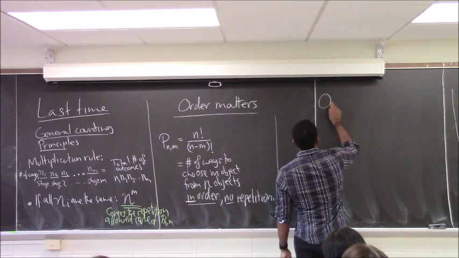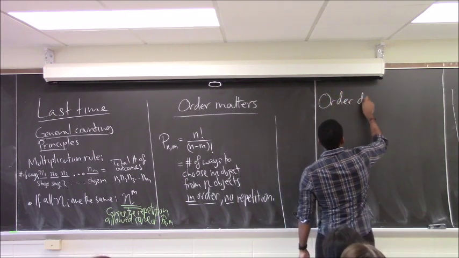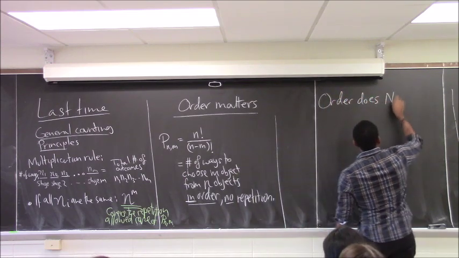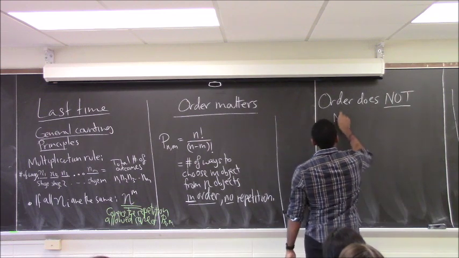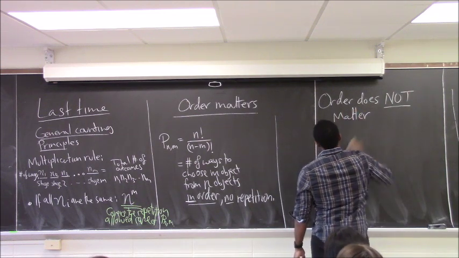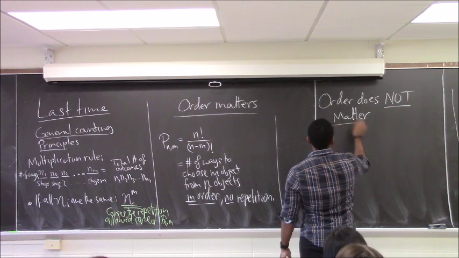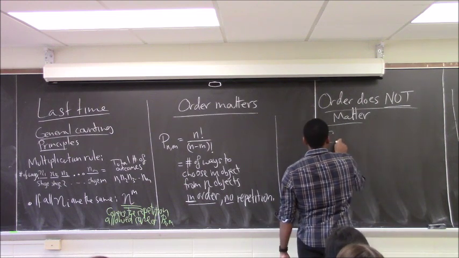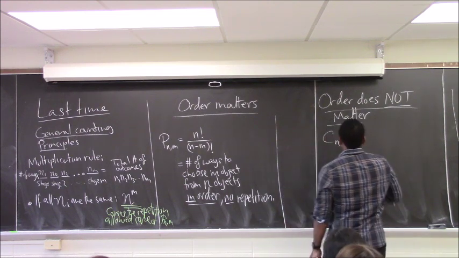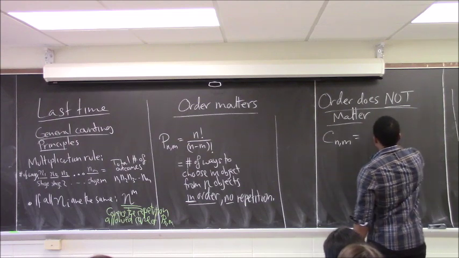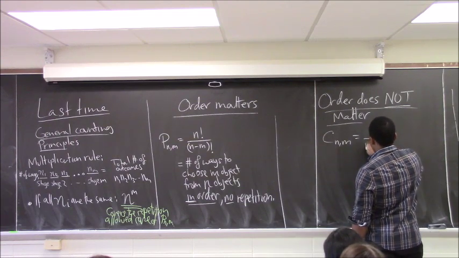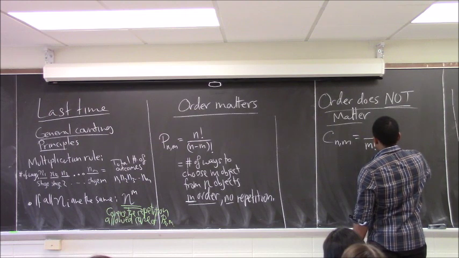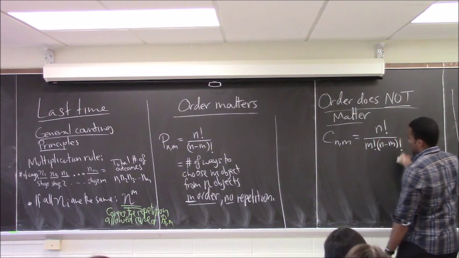And there are other situations that we can count where order does not matter. This was where we introduced the number called the combination, C(n,m). That was basically n factorial over m factorial times n minus m factorial.